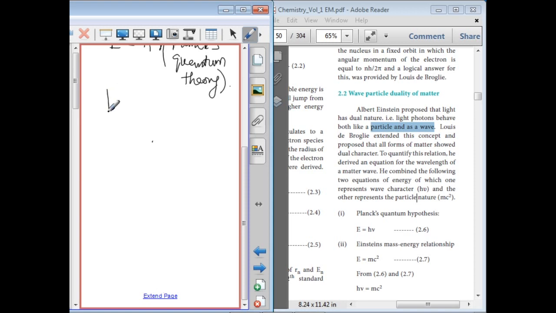So what is h? H is the Planck constant. What is nu? Nu is the frequency.